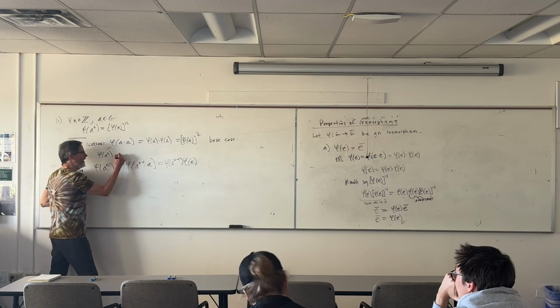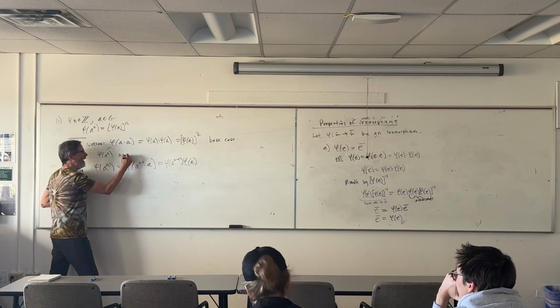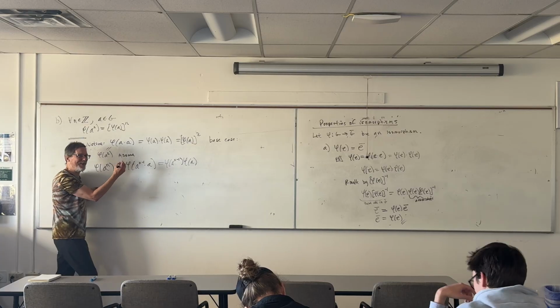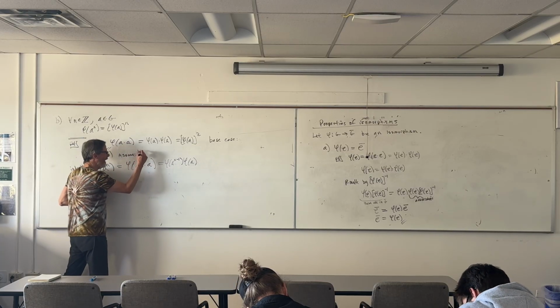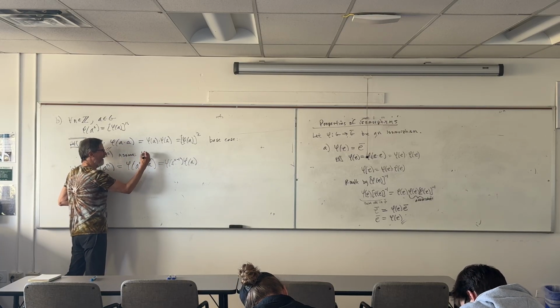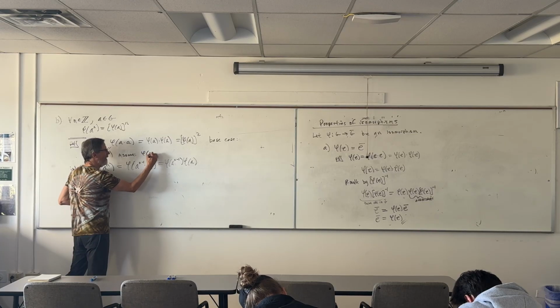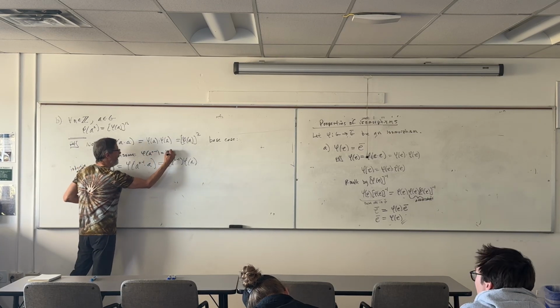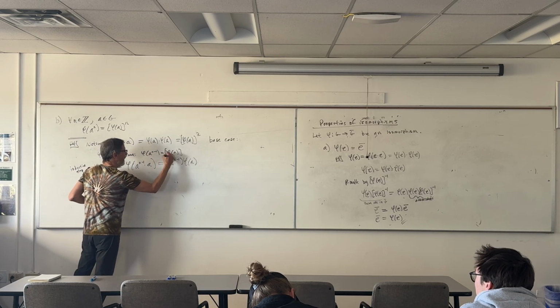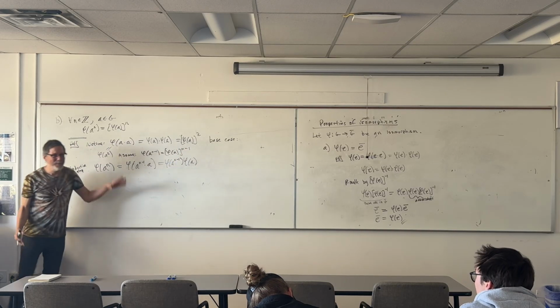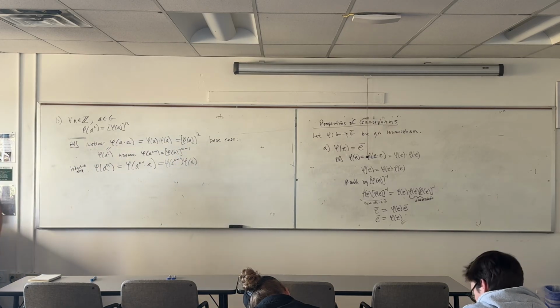Let's get the inductive stuff in here. I don't know why I tried to pretend we didn't need it, but that phi of a to the n minus 1 is phi of a to the n minus 1. And now I can use that. Now I got it.